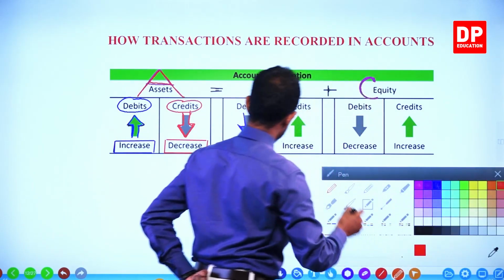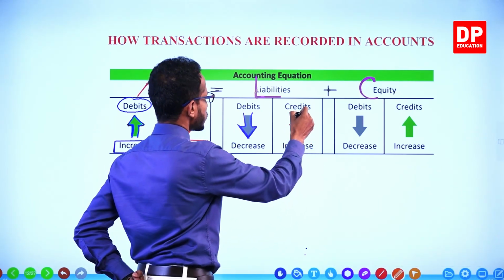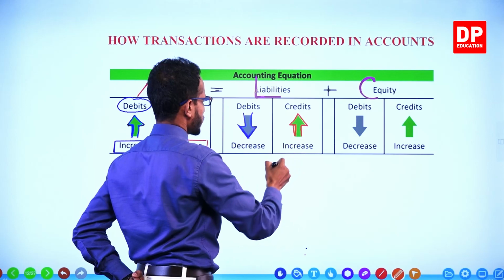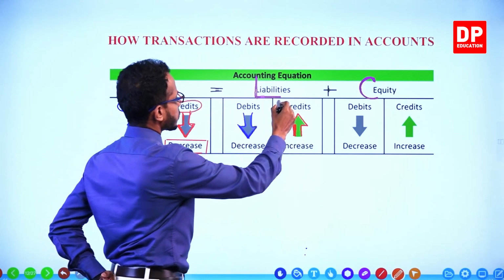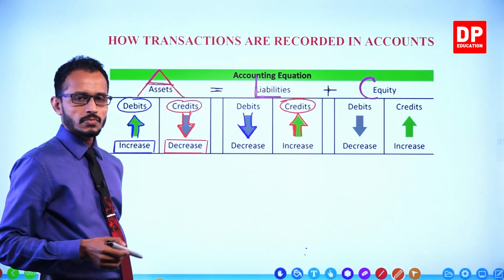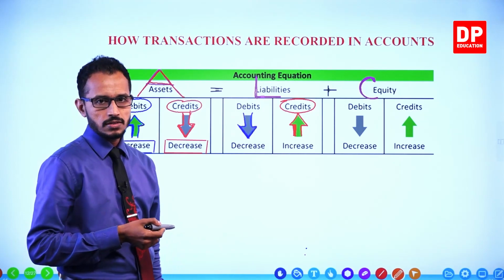If liability increases, then that's a credit. The opposite of assets. The rule is opposite.